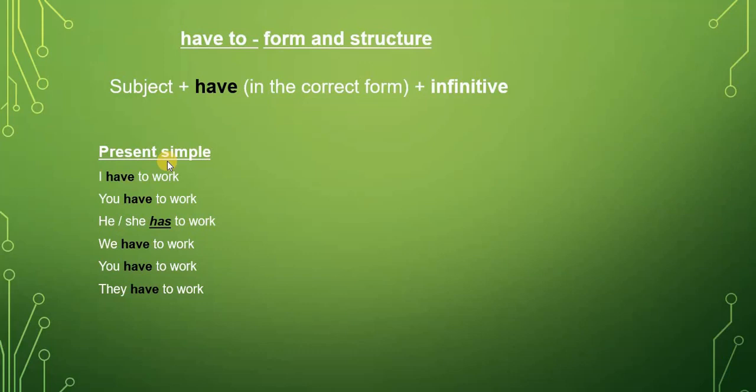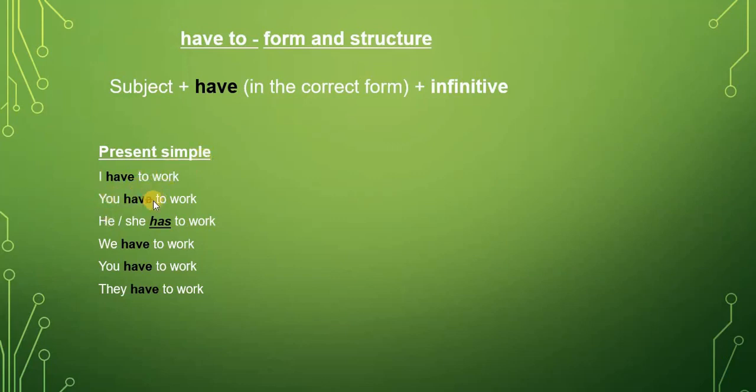So remember I said that we put have in the correct form. So we take have as the main verb in the correct form, and the correct form here is the present simple. I have to work. So to work, this is the infinitive.